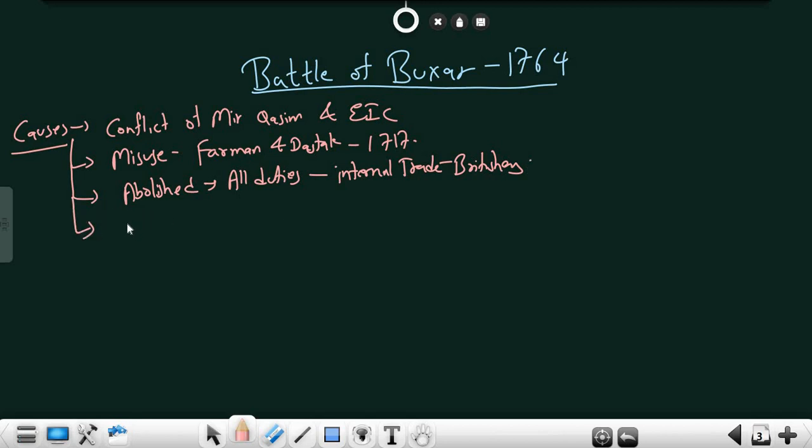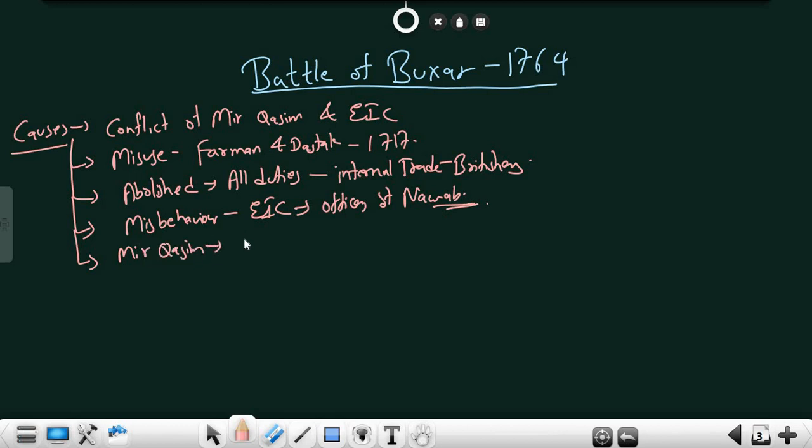The misbehavior of East India Company with the officers of Nawab was also one of the reasons for igniting the Battle of Buxar. And after all this, Mir Qasim started to give more preference to Indian traders rather than the British traders.